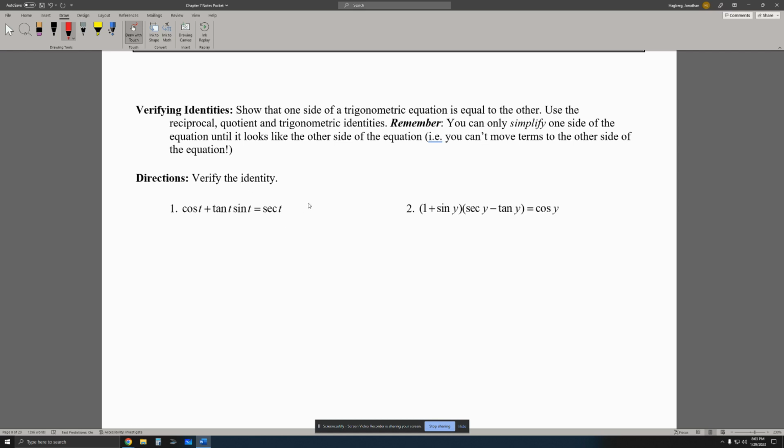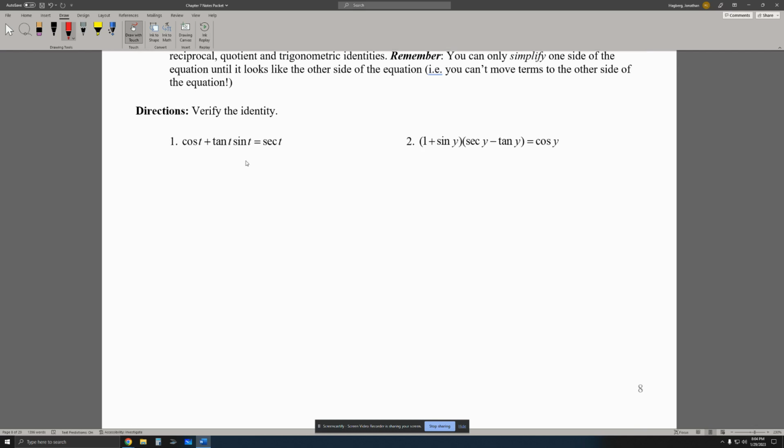So if we perform any operations to both sides of the equation, we're changing this equation, right? Like if I were to multiply this whole thing by 2, then it would multiply the whole equation, right? We just want to manipulate one side so that it leads to the other, therefore verifying the equality.